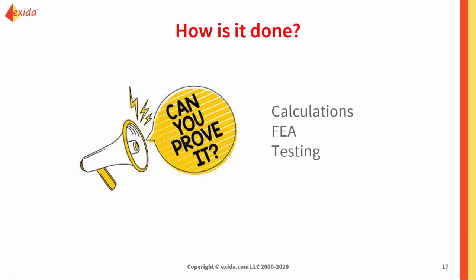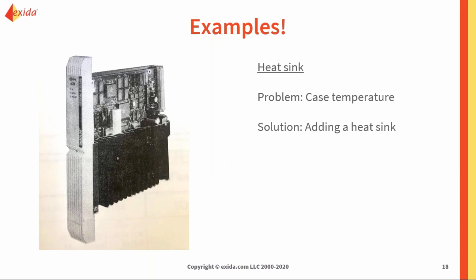So let's look at a few examples, some real life examples of how this can be applied and create lower failure rates. The first one we have is a safety PLC. They were having a problem with the case temperature.